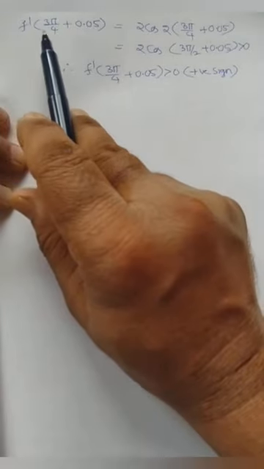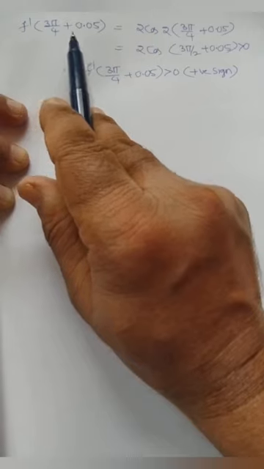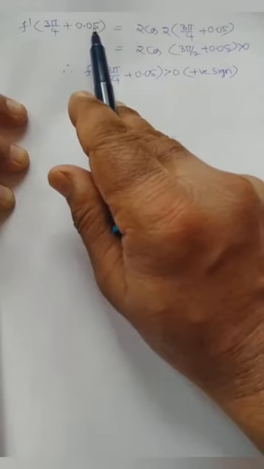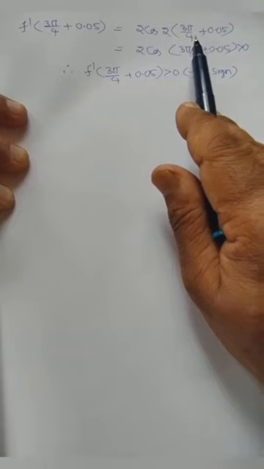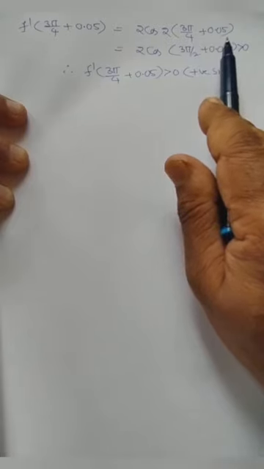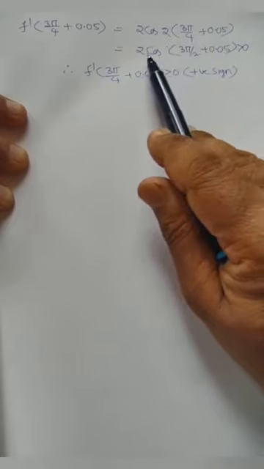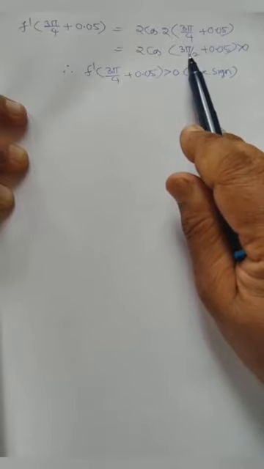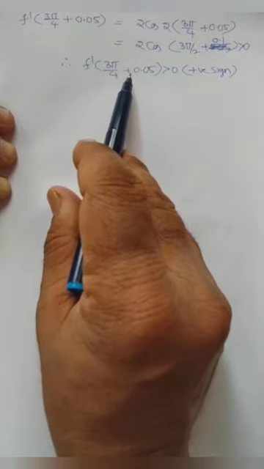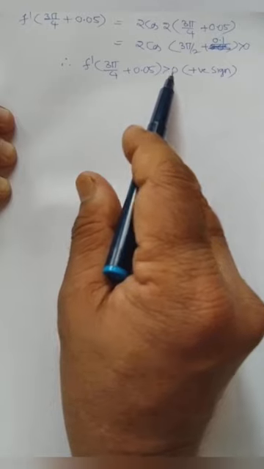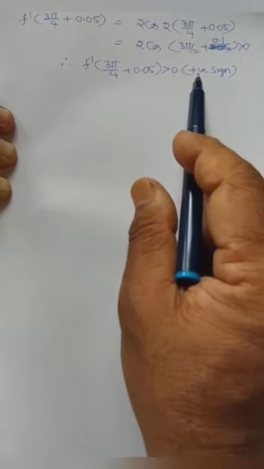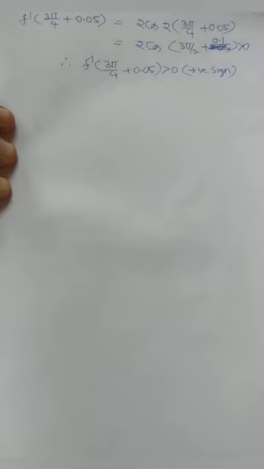Now f dash of 3 pi by 4 plus 0.05. For this, 2 cos of 2 into 3 pi by 4 plus 0.05, so you would get 2 cos of 3 pi by 2 plus 0.1. So f dash of 3 pi by 4 plus 0.05 is greater than 0, which means it is with a positive sign.